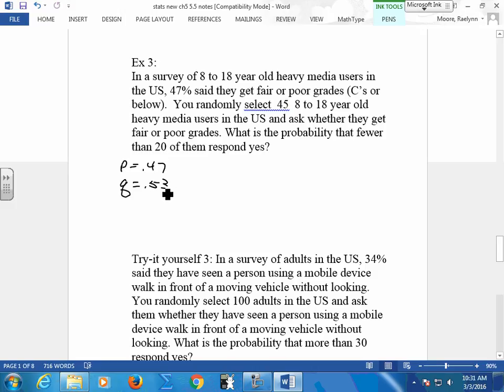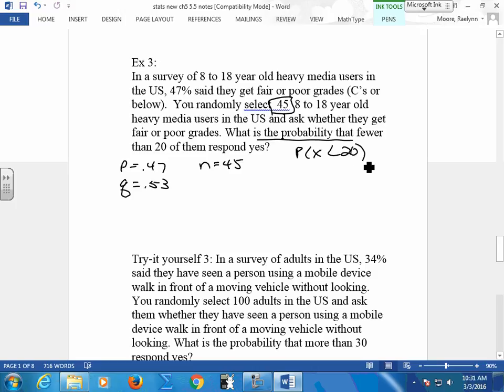We said we randomly selected 45 people. Okay, and we want to know what is the probability that fewer than 20 responded yes. How do I write that probability? Good, x is less than 20.